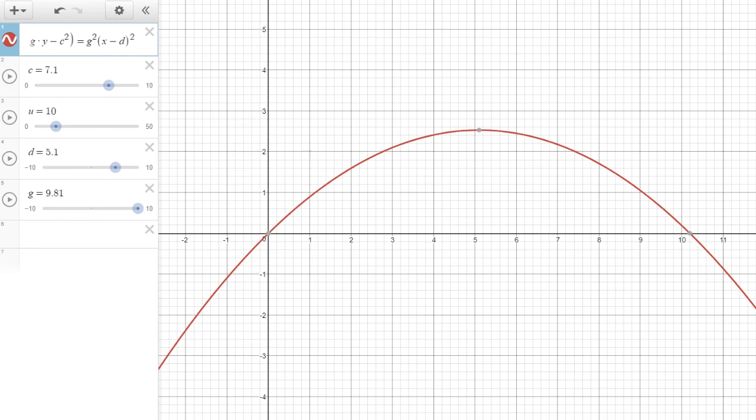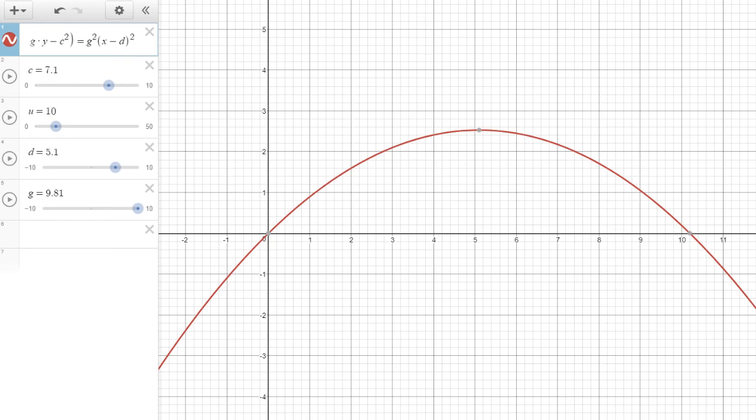Our initial value for u, the initial velocity, is 10 meters per second, and I've fixed it there. The value of c here adjusts the angle, so I've set it at an angle of 45 degrees just as a check to see that the equation actually works.